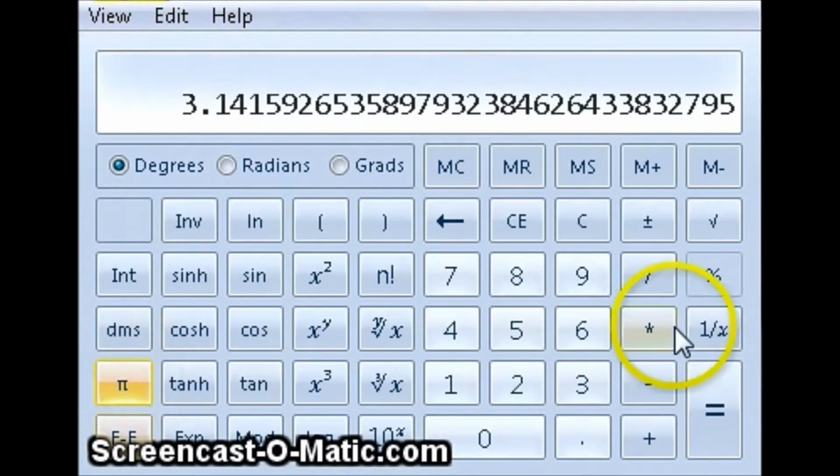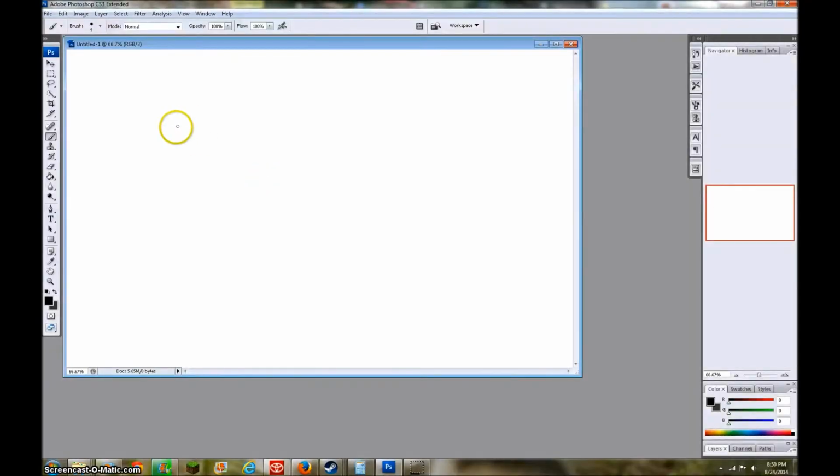Let's start out with pi. This is good for finding the circumference. For an example, I'm going to take a circle. This will be the middle. I'm not a very good drawer. That is the radius.